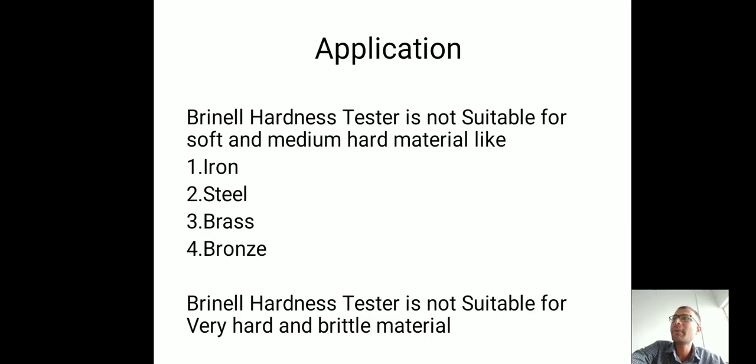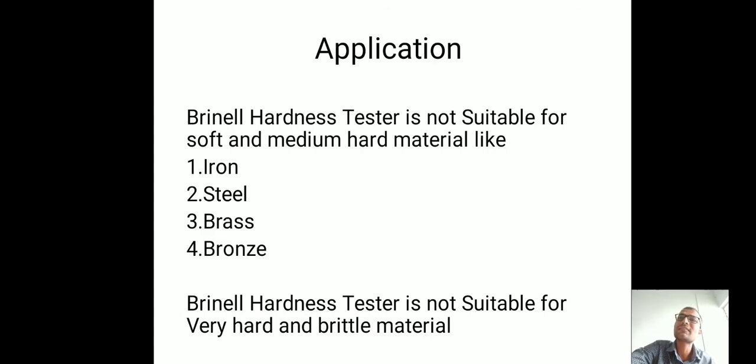So friends, always keep in mind, the Brinell hardness tester is used for soft and medium hard material like iron, steel, brass, bronze. So friends, in today's lecture we have discussed what hardness is, and that we can measure the hardness of soft and medium hard material with the help of the Brinell hardness tester.